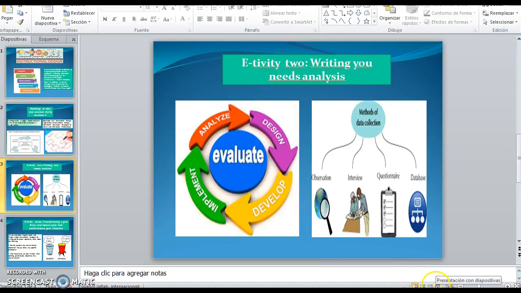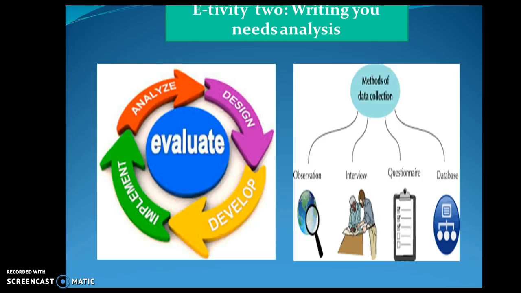E-activity 2 is basically about writing a needs analysis. This is not new for us because we're developing this in terms of a research project. We actually did it before, right? So here we're going to be able to analyze, design, develop, and implement. But as we said, writing a needs analysis is going to help us have a complete map of the students' behavior and their learning process as well as their needs.